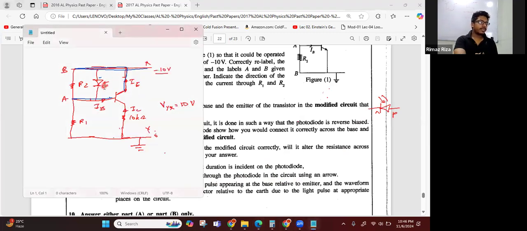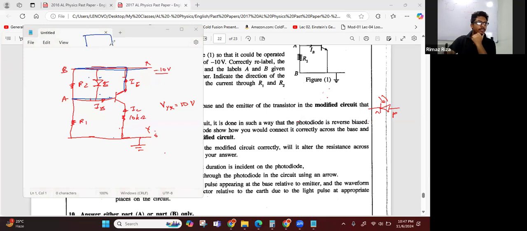When light is incident on it, it will generate some electron-hole pairs, so it will have some small current in one direction. This is minus and this is plus. Current always moves from high potential to low potential.